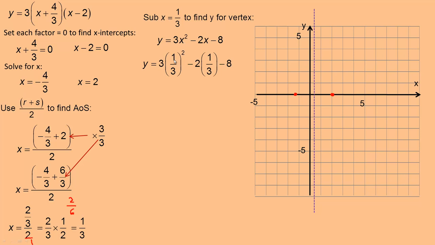So when I square the 1/3, in the numerator 1 squared is 1, and in the denominator 3 squared is 9. So we're multiplying 3 by 1/9. 2 times 1/3 is 2/3. Okay, so 2 times 1 is 2 in the top. There's a 1 underneath the 2 here. 1 times 3 is 3 in the denominator. And kind of looking forward a little bit, I have a denominator of 3 here.